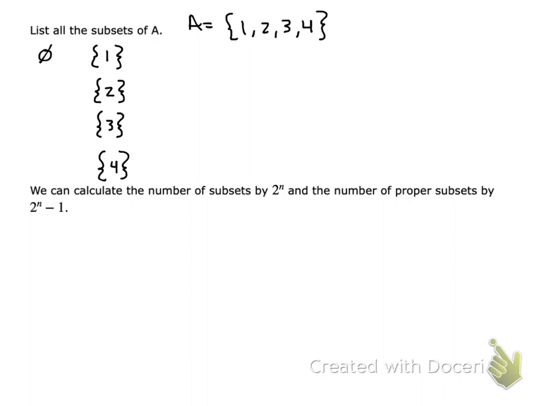I could also have subsets that have 2 elements in them. So I could have a subset of 1 and 2. I could have a subset of 1 and 3. I could have a subset of 1 and 4.